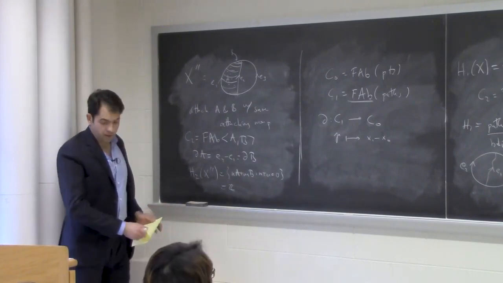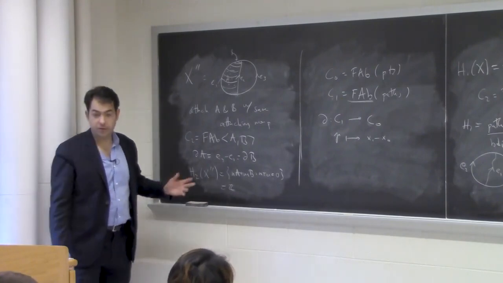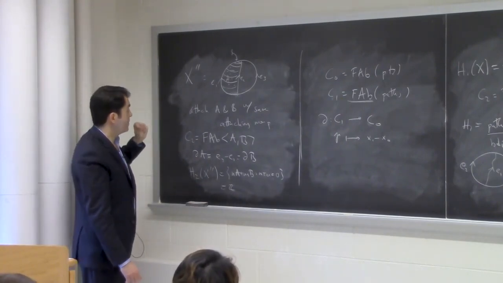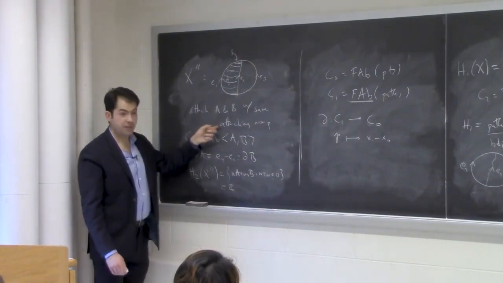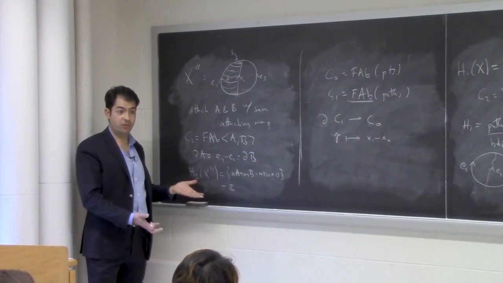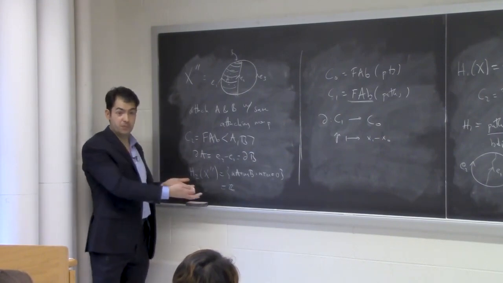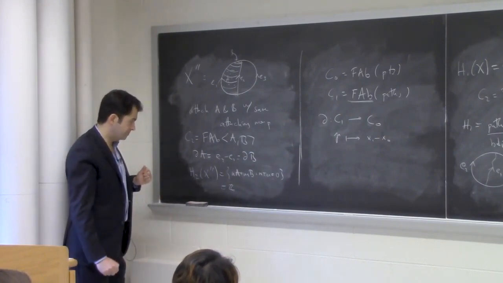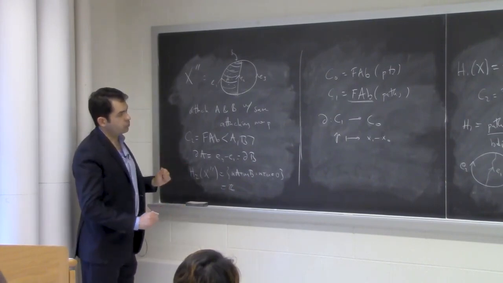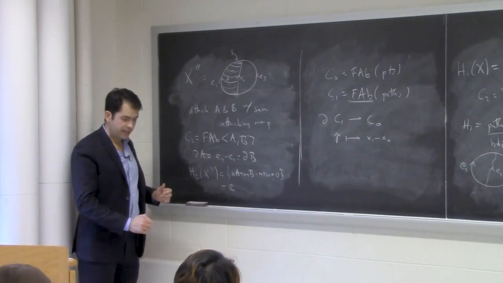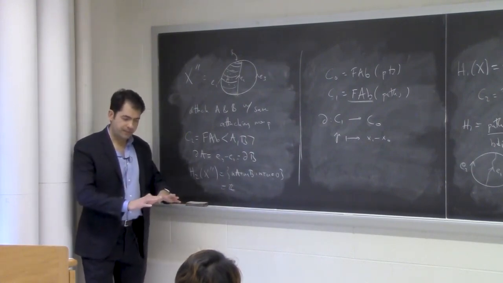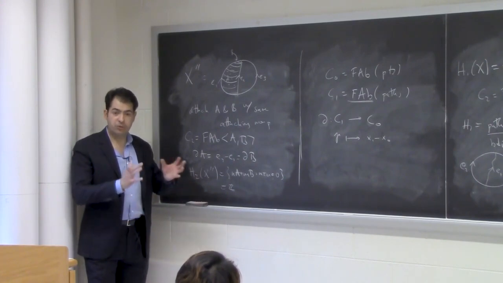OK, so you can see part of what's going to be difficult if you try to do this more generally is I need to know the attaching map here so that I can compute the boundary, right? I need to keep track of orientations so that I know what the boundary is, right? And so the way we're going to deal with that is we're going to use special, not just polyhedra, but very special polyhedra.